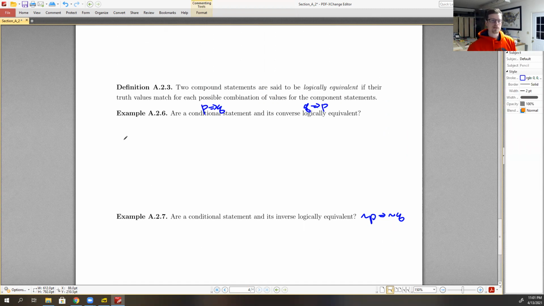Again, it's two component statements, P and Q. And then we want to construct the truth values for P implies Q and Q implies P to see if they are the same.